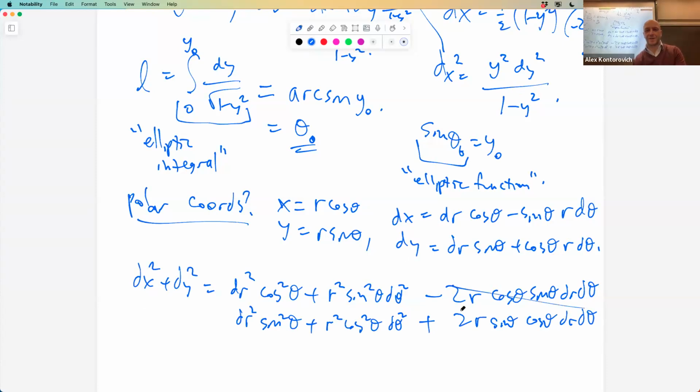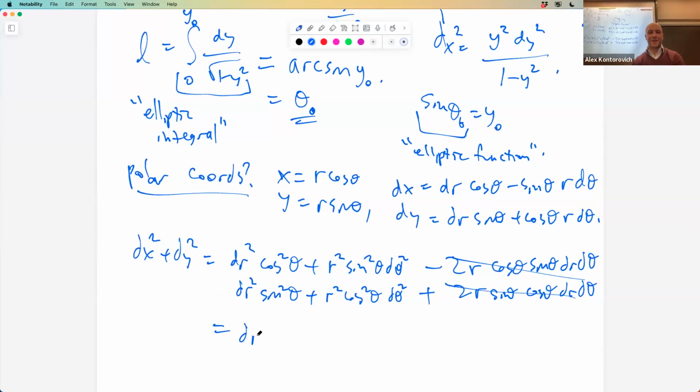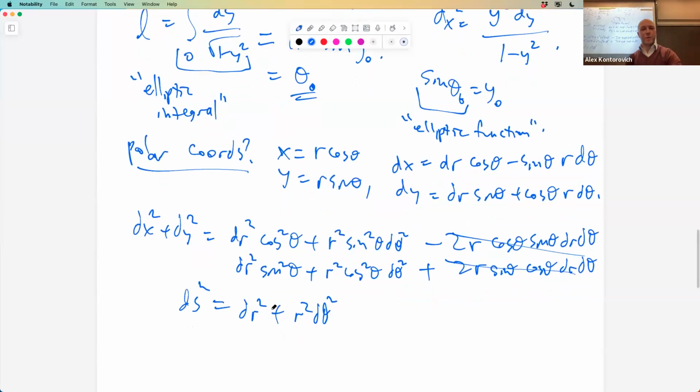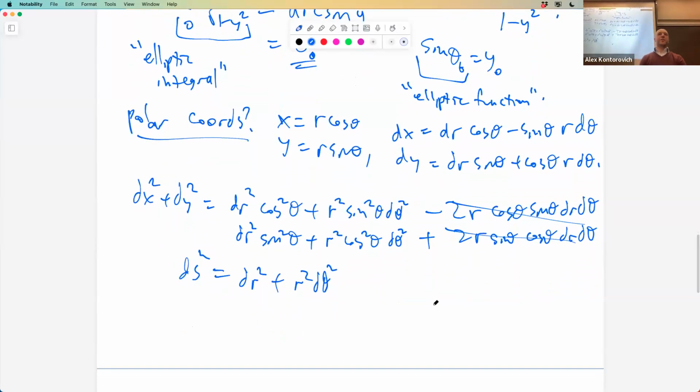So that's nice, those cancel. And this is nice too. What does this all add up to? dr squared plus r squared d theta squared. Maybe that rings a bell, that this is the arc length. So if we were to do this in polar coordinates, what's the equation of a circle in polar coordinates?